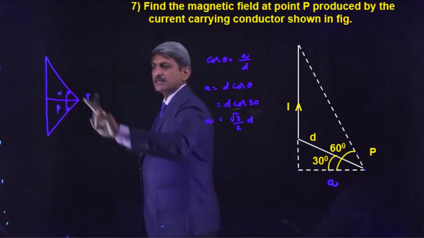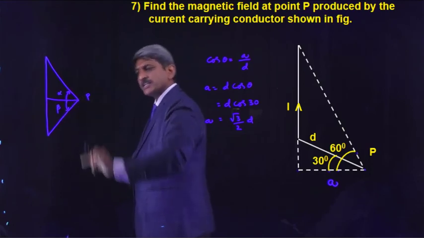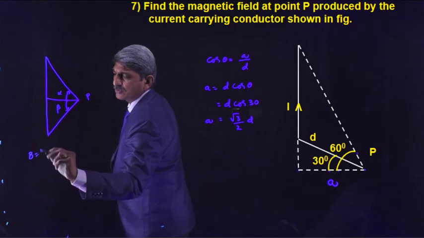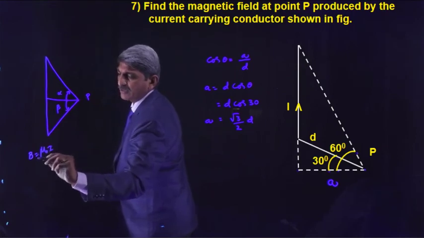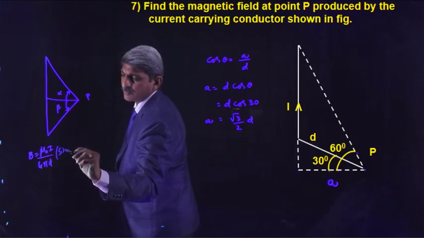That means alpha is measured in the clockwise direction, whereas beta is measured in the anti-clockwise direction. In that case, we have B is equal to mu naught I divided by 4 pi d into sin alpha plus sin beta.